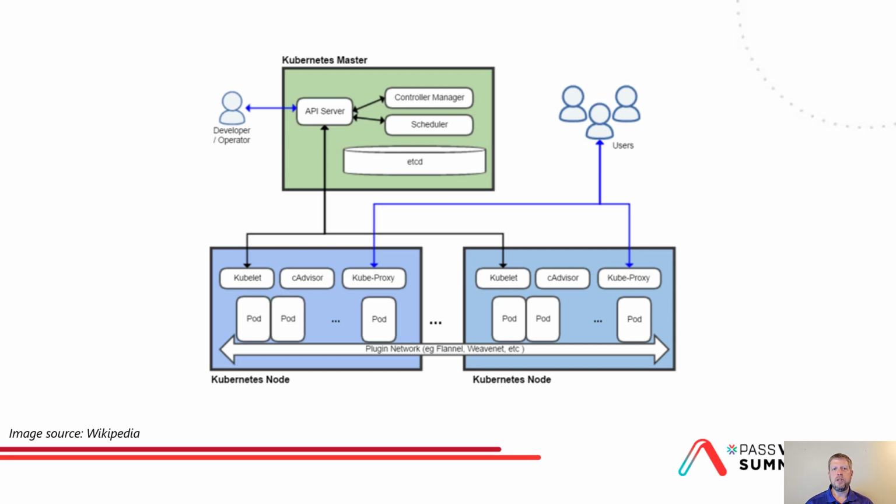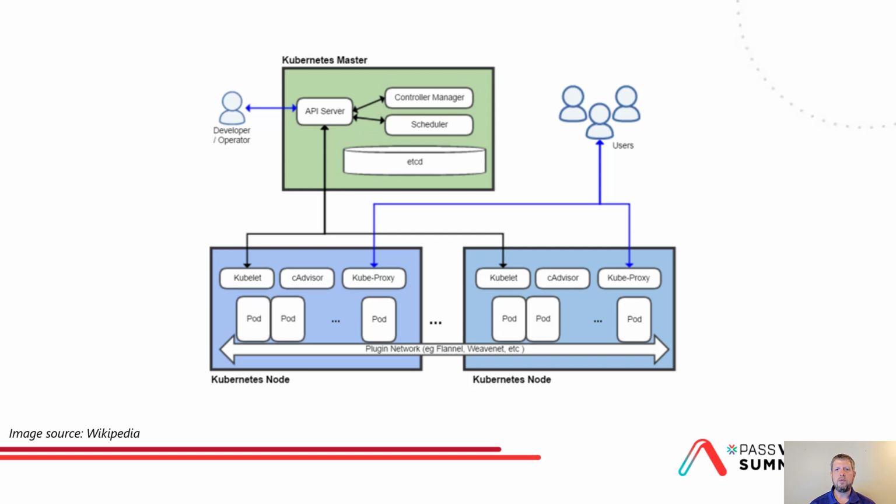For those that aren't familiar, this is kind of what a Kubernetes environment looks like. You have the master or control plane up there at the top, which contains all of the core functionality which coordinates the activities of all of the nodes, all of the places that the containers are actually running.